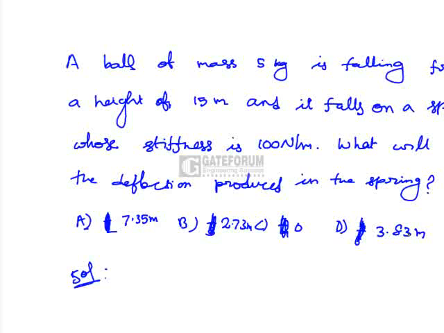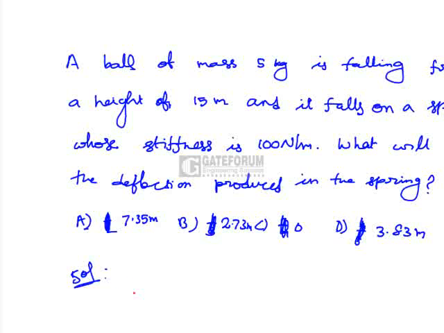When a ball is falling from some height, it has some potential energy. When it falls on the spring, the potential energy of the ball converts into the strain energy stored in the spring. So here the potential energy carried by the ball is equal to the strain energy stored in the spring.